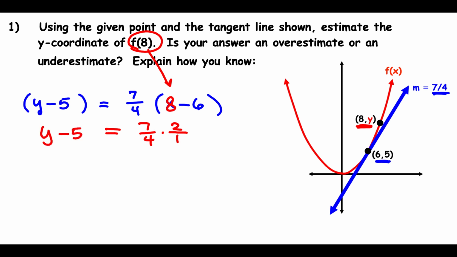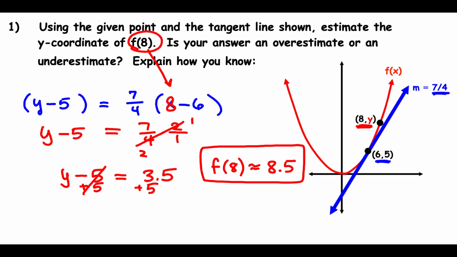I can see some slight canceling occurring here. So we're going to have y minus 5 equals 7/2, which is 3.5. And we'll add 5 to both sides. And y is 8.5. So f of 8 is approximately 8.5.